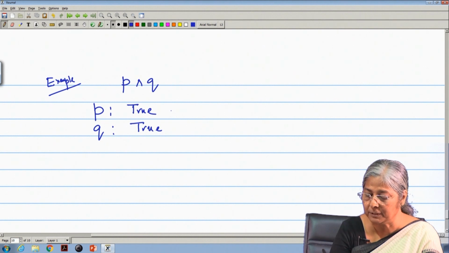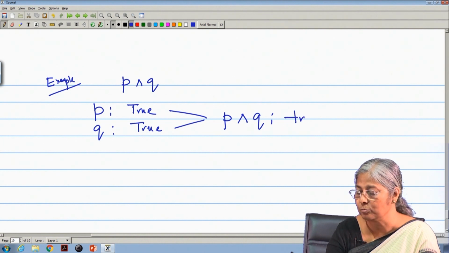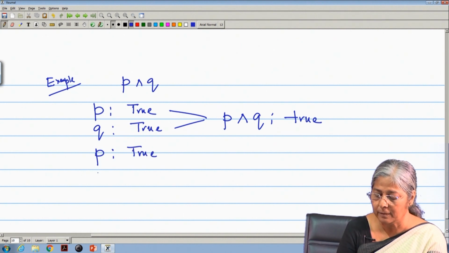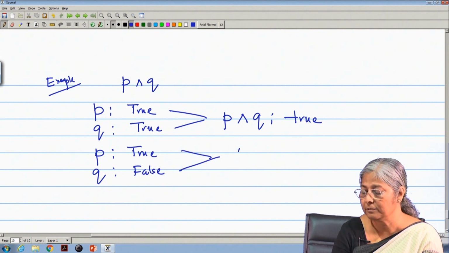So, if P and Q are true, then P and Q is true. We can write in this way: if P is true and Q is false, then P and Q is false.